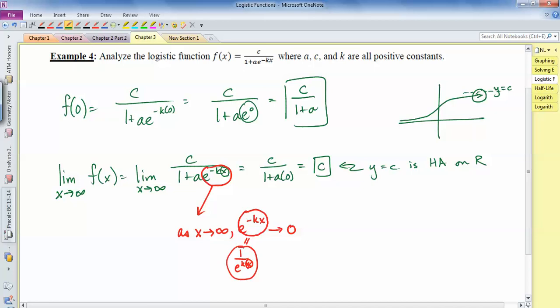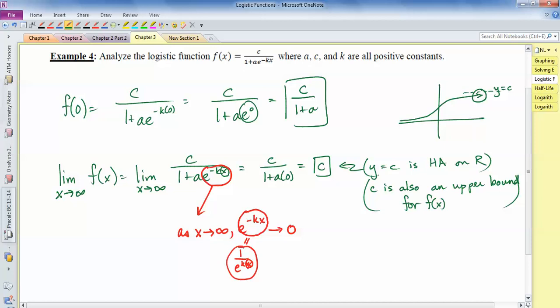Because of the way this function works, it's also always below that horizontal asymptote. So c is also an upper bound for f of x. So we get two things out of that.